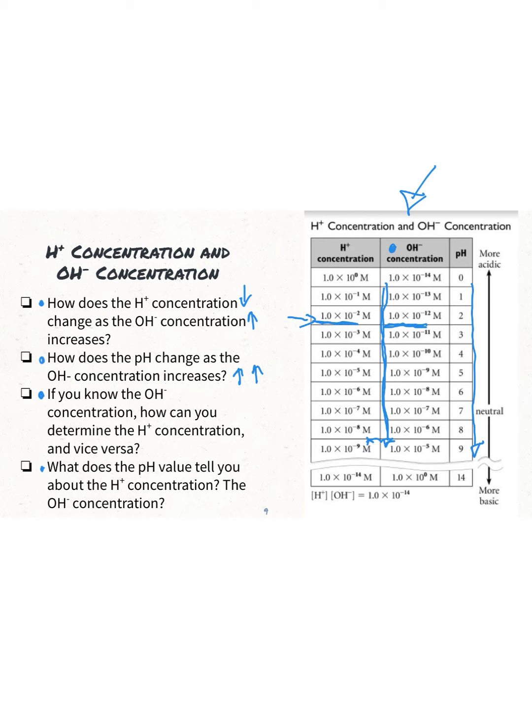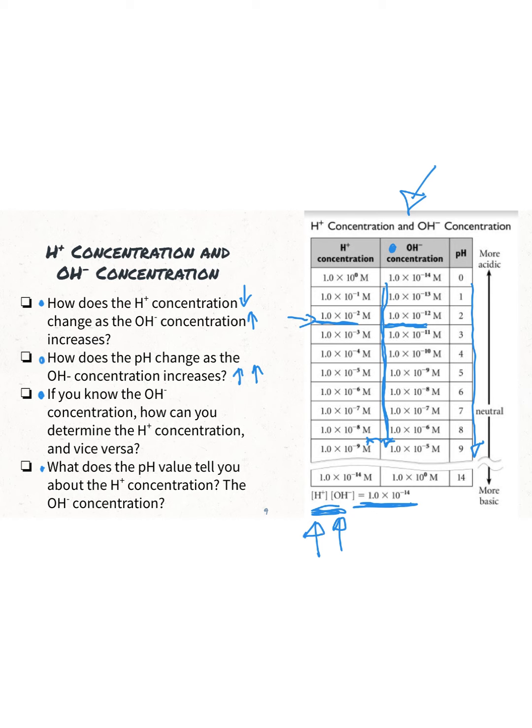If you take a look at the two columns, you'll notice that the exponents always add up to this number down here, 1 times 10 to the -14th. And so the relationship is that hydrogen ion times the hydroxide ion concentration is always going to be equal to a constant, which is 1 times 10 to the -14th. So if we know the hydroxide concentration, we can calculate the H plus, and likewise.